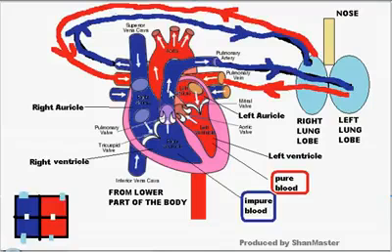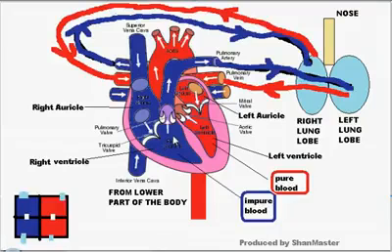Now, the impure blood from the right auricle moves into the right ventricle when the heart pumps. The pure blood from the left auricle moves into the left ventricle when the heart pumps. And this pumping is simultaneous. That is, when the top chambers pump, through the valves that you see here in white color, on either side, left side and right side, the blood flows through the valve into the ventricle.